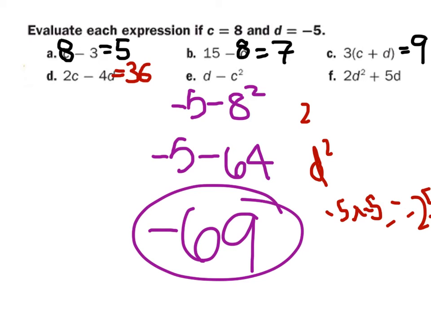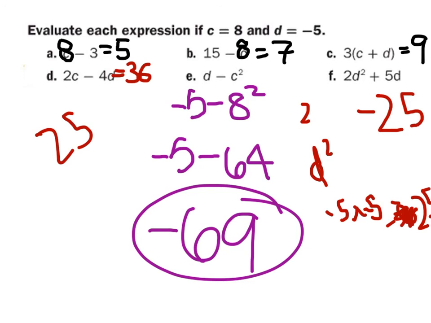No, this is two negatives, so it'd be a positive 25, so there's no negative. Let's just scribble that out. Okay. It's 25. And then you do 5 times negative 5, which this time is negative 25.